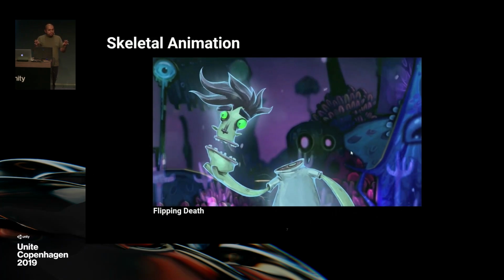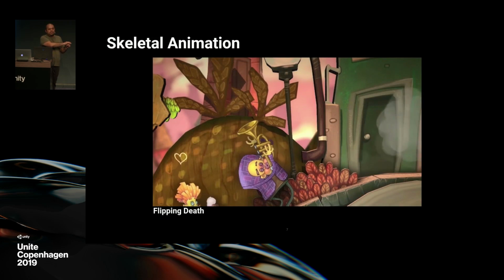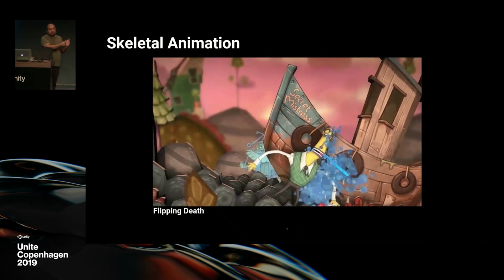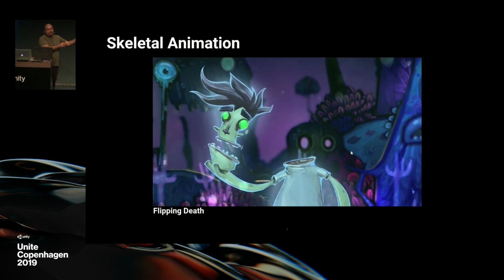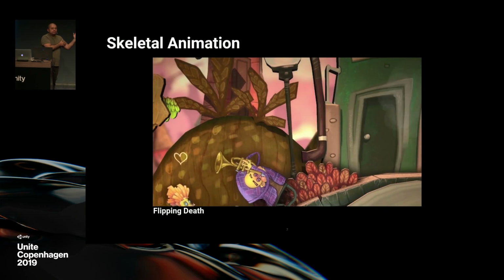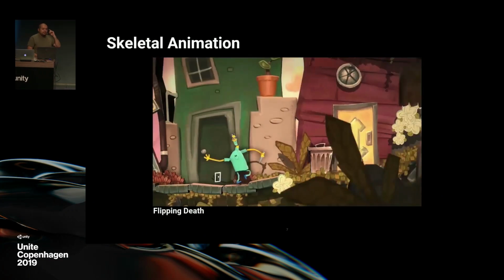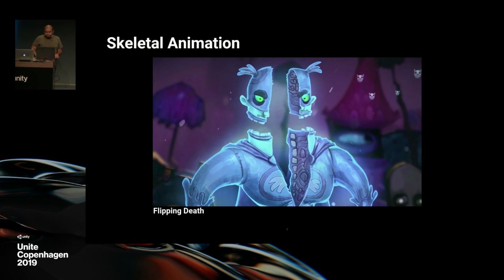But then you have these pieces, and what you do is you create a skeleton, and then you tie the bones in that skeleton to each one of those pieces. So if you move a bone or a hierarchy of bones, then you will be moving all the pieces attached to that bone. So this is another example, flipping that using this approach.